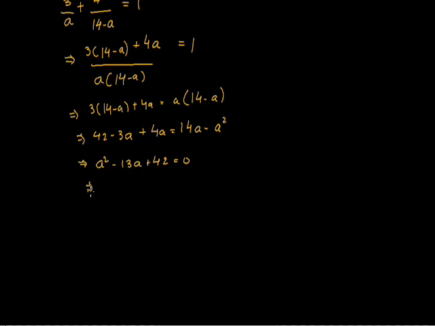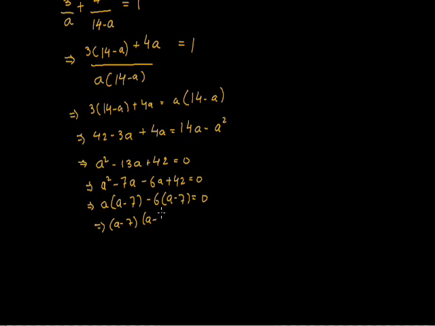So factorizing this further, I'll get A square minus 7A minus 6A plus 42 is equal to 0, which can be further factorized. I'll take A common, A into A minus 7 minus 6 into A minus 7 is equal to 0, which implies that A minus 7 into A minus 6 is equal to 0.